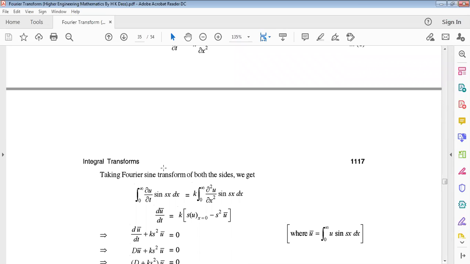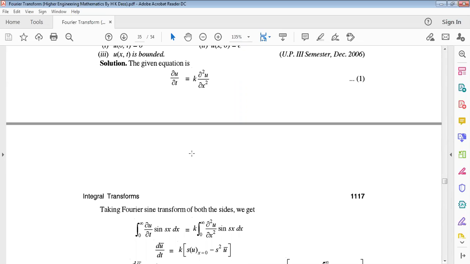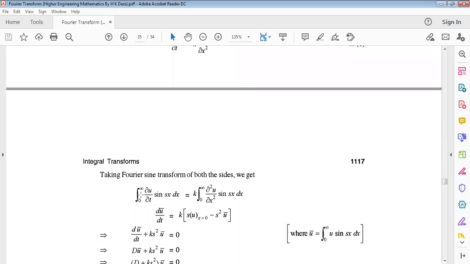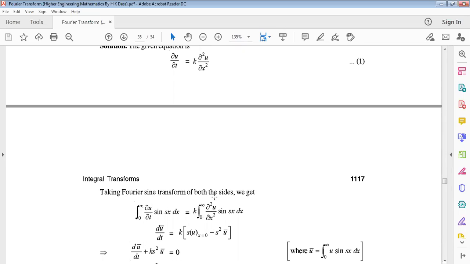Now taking the Fourier sine transform on both sides. The integral from 0 to infinity of ∂u/∂t sin(sx) dx equals k into the integral from 0 to infinity of ∂²u/∂x² sin(sx) dx, just the right-hand side part. This sin(sx) is for the Fourier sine transform.